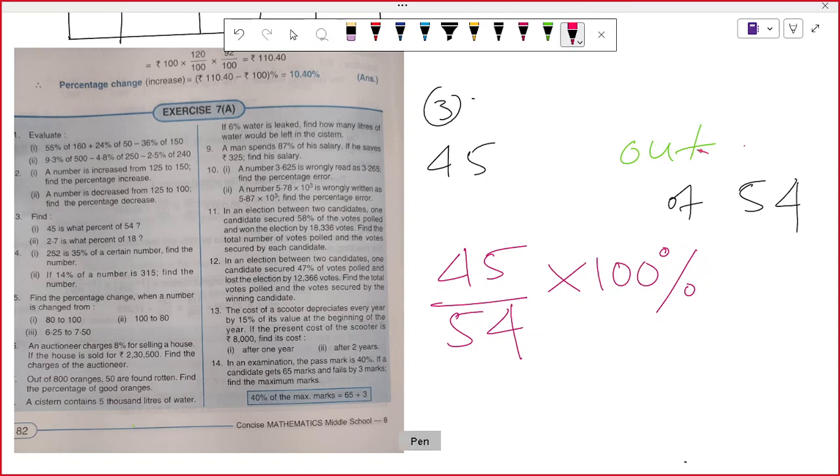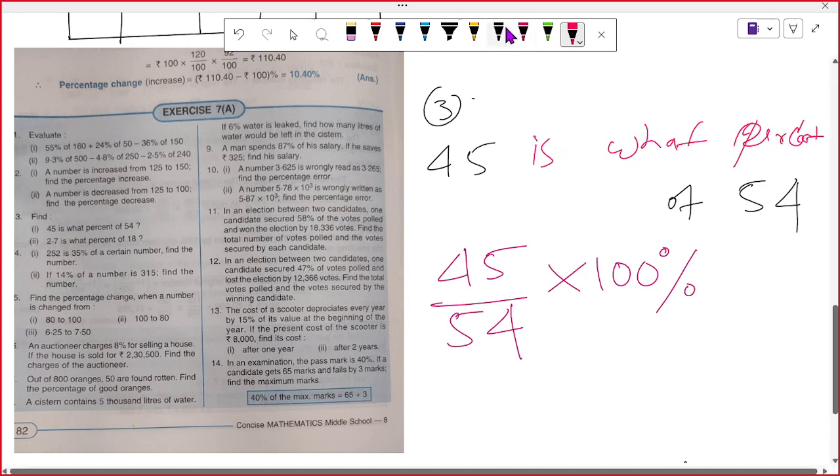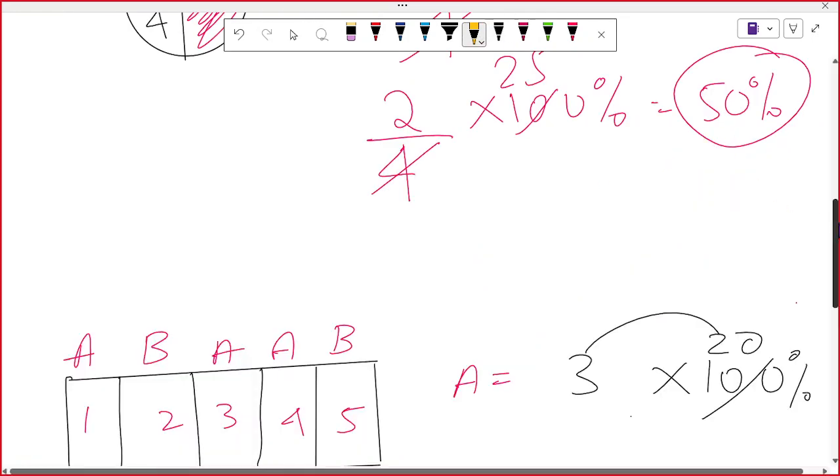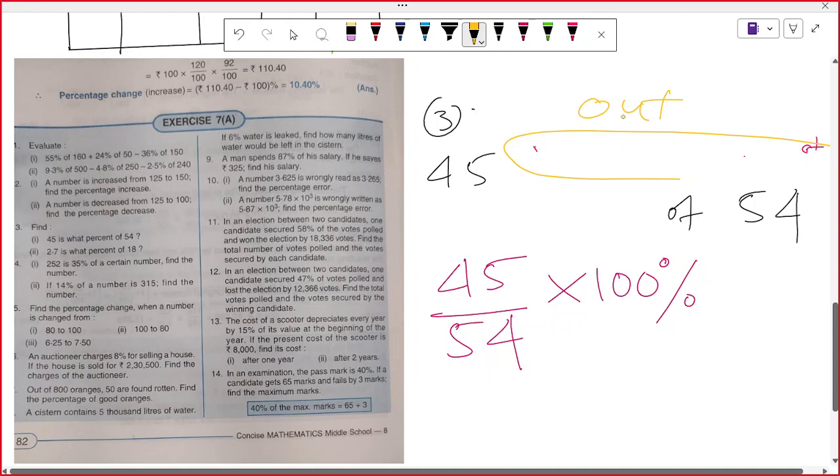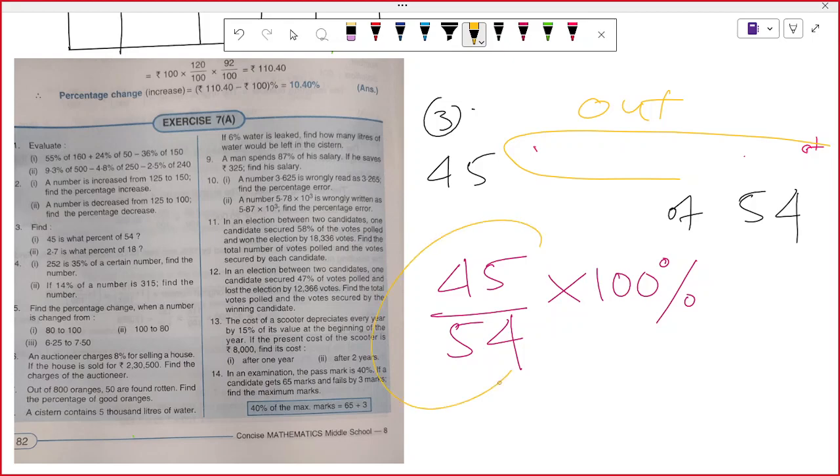Students, stop doing it, understand the concept. Instead of "is what percent", I'll write it as "out of". Now read it like this: 45 out of 54. Does it make sense? Fraction 45 out of 54.